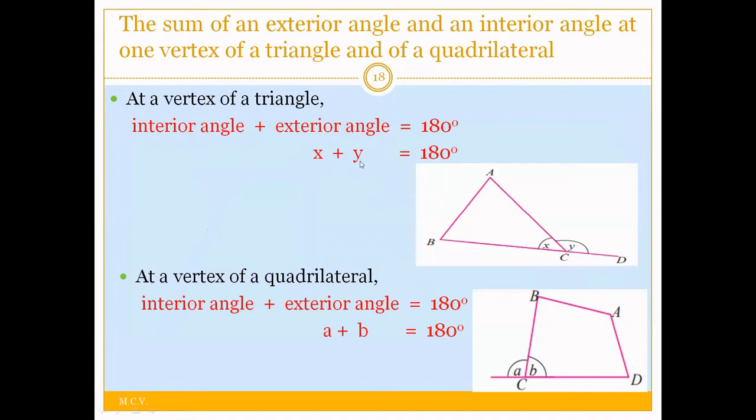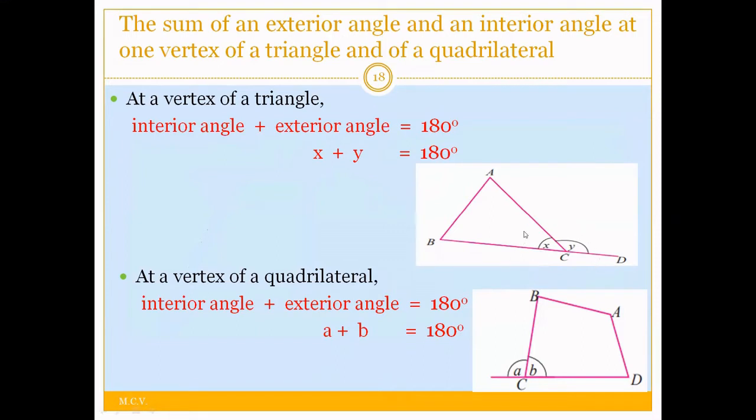We used this one in previous problems. The sum of the exterior angle and interior angle at one vertex of a triangle or quadrilateral is 180 degrees. Here you have to consider one vertex. Here the vertex is C. This is the exterior angle, this is the interior angle.